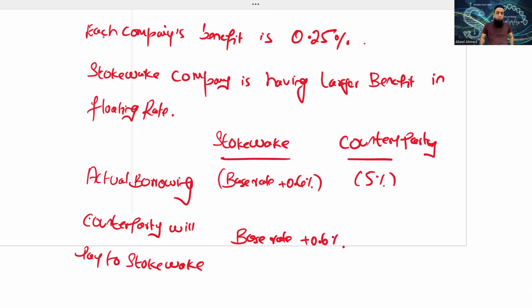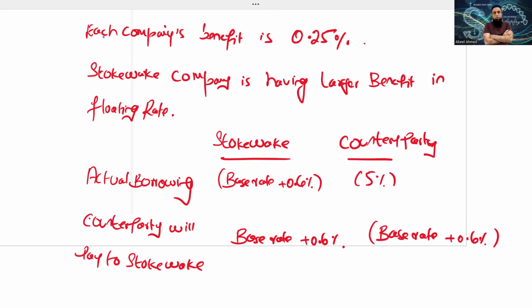Logically, base rate plus 0.6% is an outflow for Stoke Wake. Now the same thing becomes inflow because counterparty is making this payment. So logically, this will become 0. You are not supposed to cancel out. Here, for counterparty, it is an outflow. Base rate plus 0.6%.